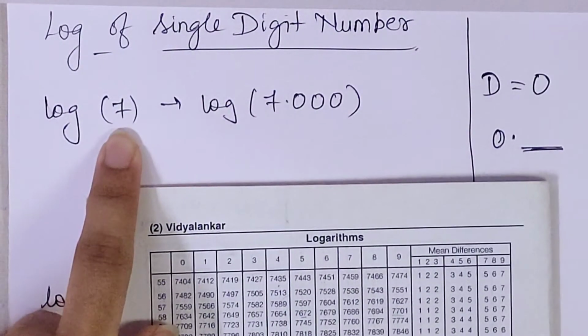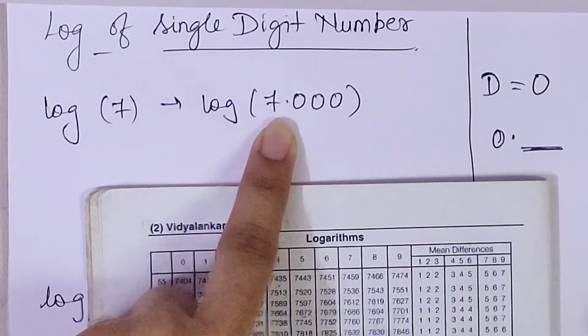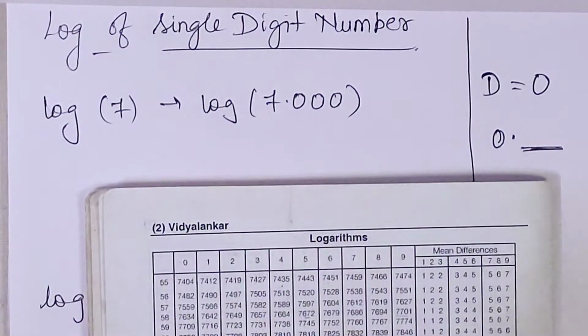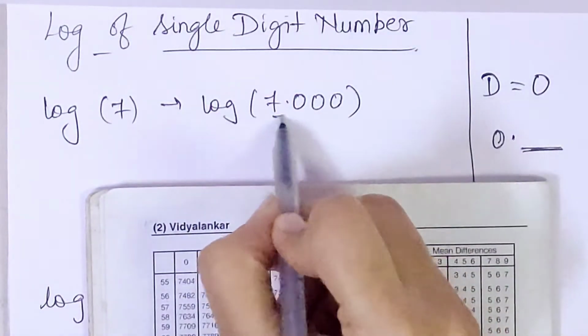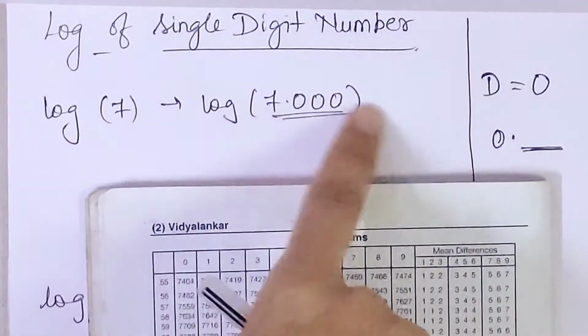So you have to find the log of 7, which means you have converted your log 7 into 7.000, which means my number is no longer a single digit number. It has become this big. And whenever we find the log of any number, we never consider decimal points and all.